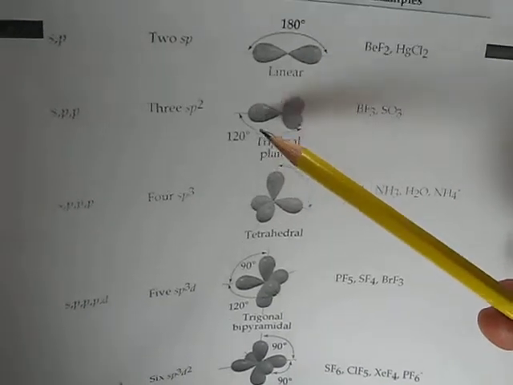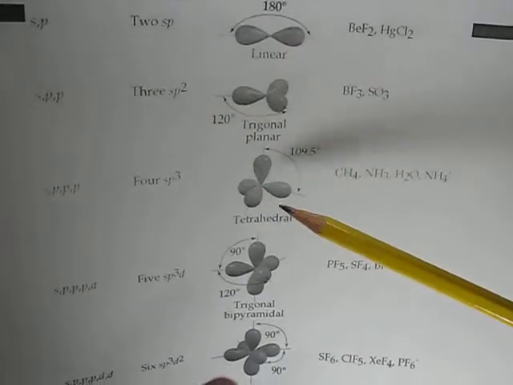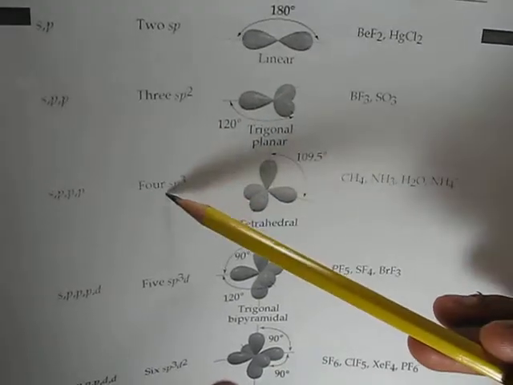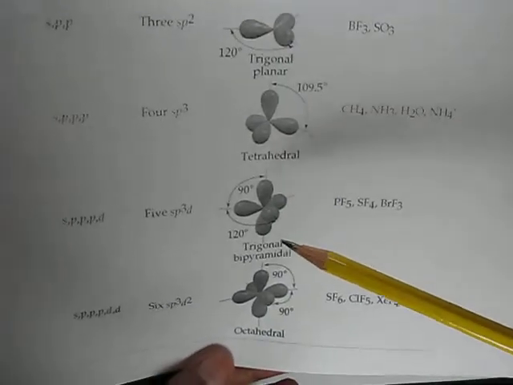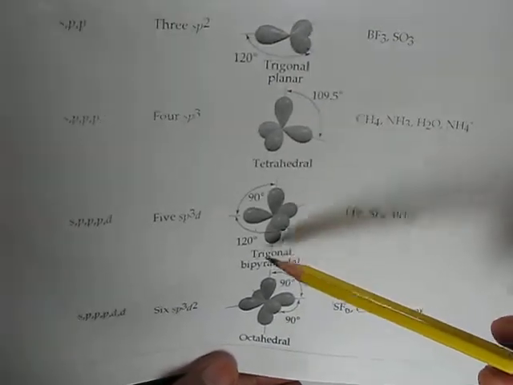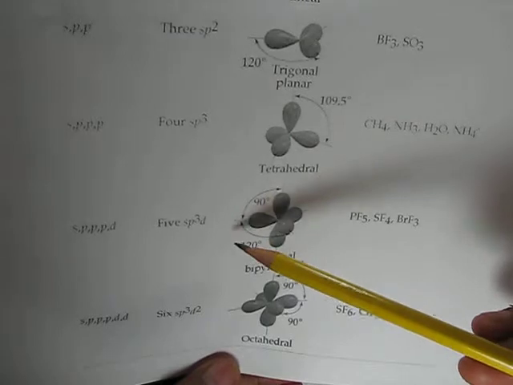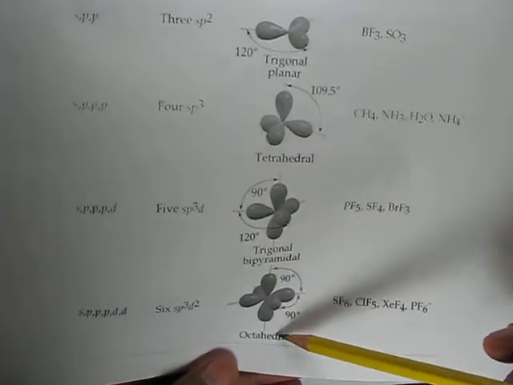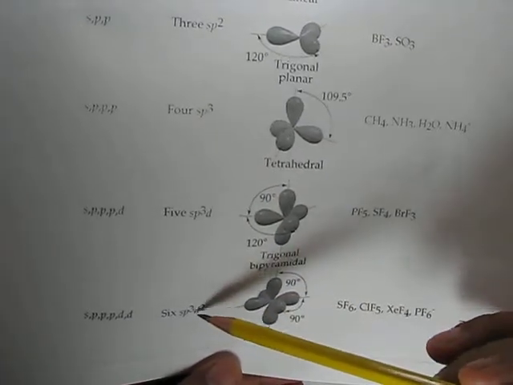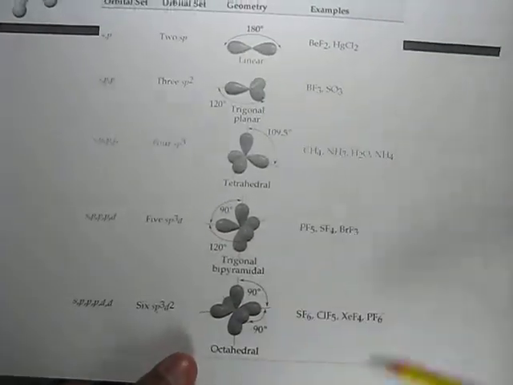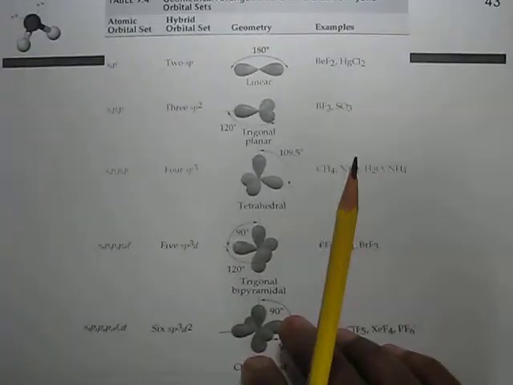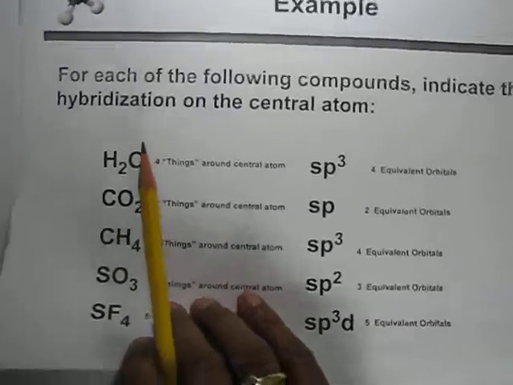Trigonal planar, then sp2 hybridization. Tetrahedral, there are 4 things, so 4 sp3 hybrid orbitals. In case of trigonal bipyramidal, sp3d. In case of octahedral, there will be sp3d2 type of orbital. And these are some examples. Let's see the next slide where we can see some examples.